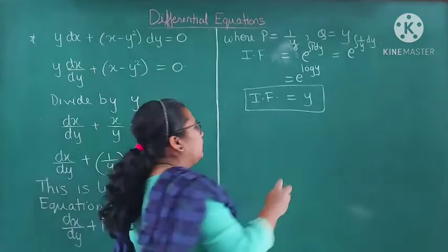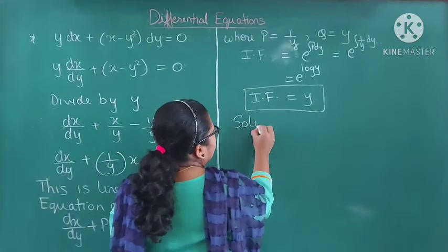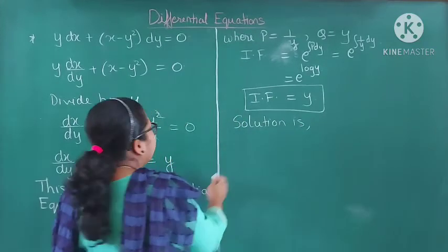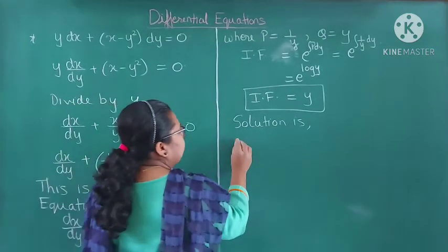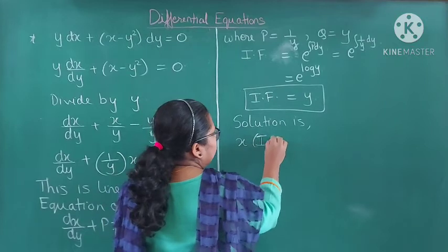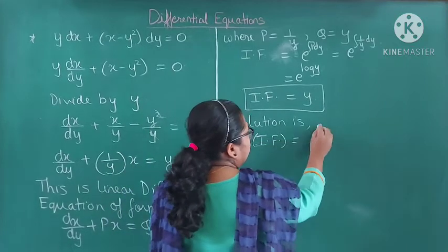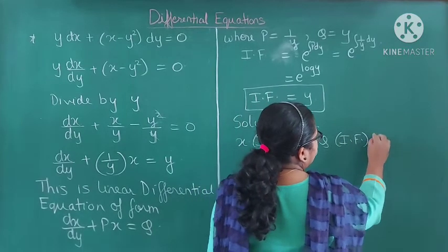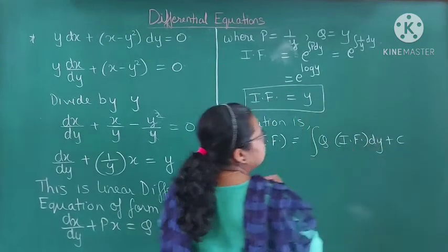Now after this what do we do? The solution is, now here what will it be? X into integrating factor is equal to integration of q into integrating factor dy plus c.